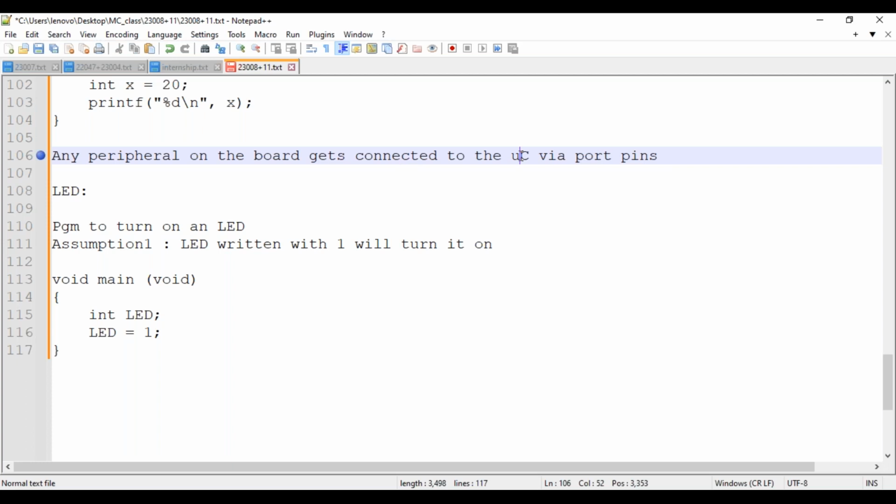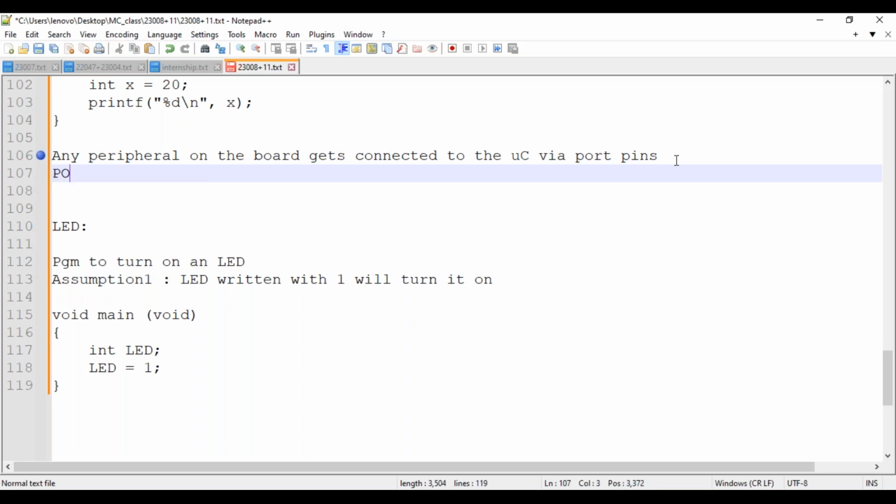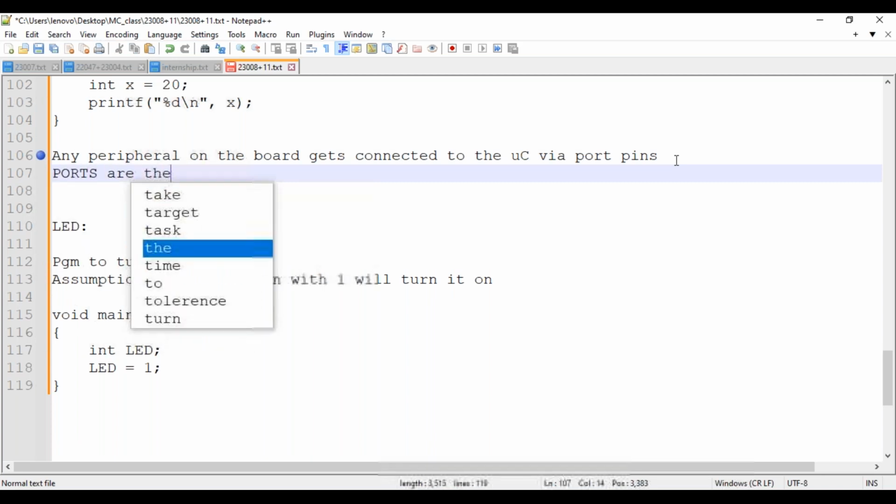Now I actually want to know how many pins are available in my microcontroller, how many ports are available, and what the direction of those pins is. Please understand, ports are nothing but the interface between the external peripherals and the microcontroller.